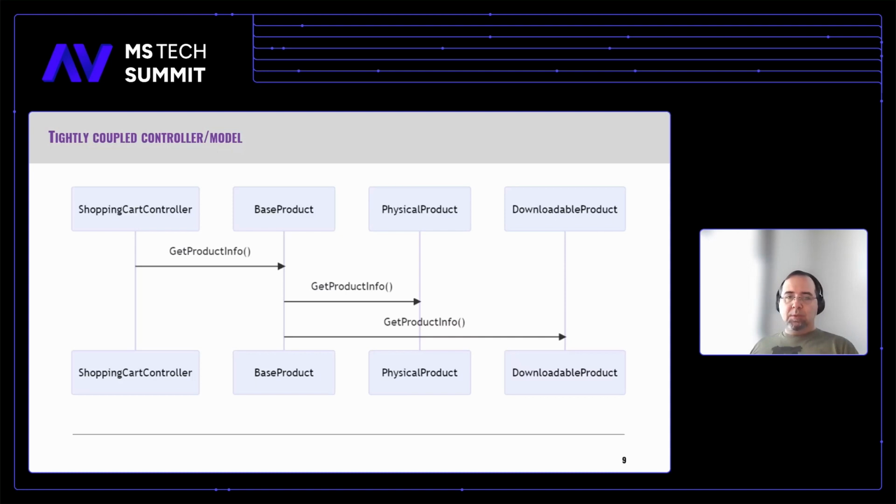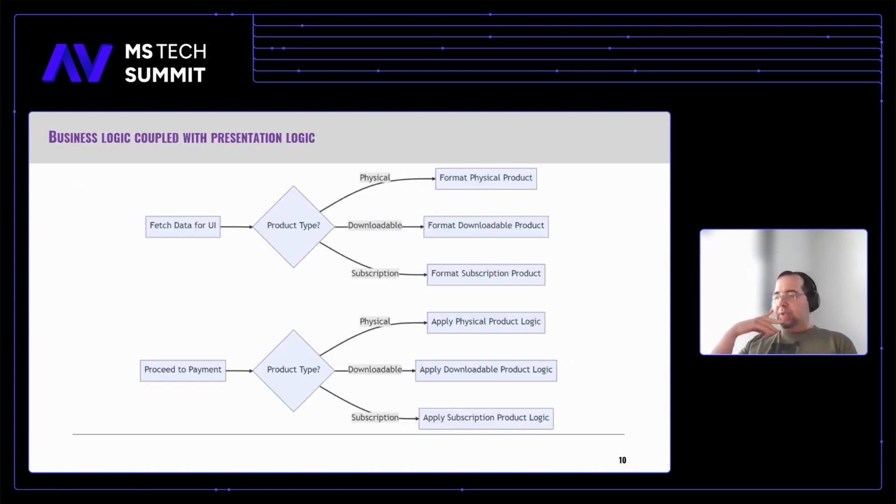Now, if we take a look at more functionality, for example, we will see another problem. First of all, you will need to differentiate between types of products for payment, maybe different taxes for different types of product.